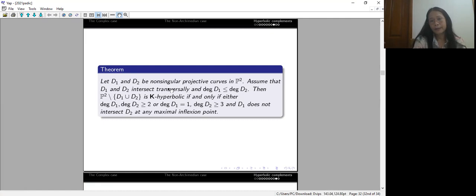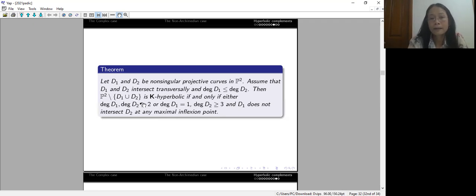So here, what we get is: if D1 and D2 are non-singular projective curves in P2 that intersect transversely, without loss of generality we can assume the degree of D1 is less than or equal to the degree of D2. Then P2 omitting the two hypersurfaces is hyperbolic if and only if they satisfy this condition about degree.